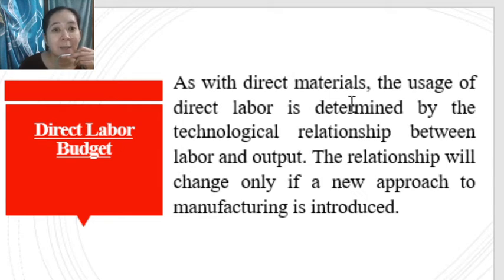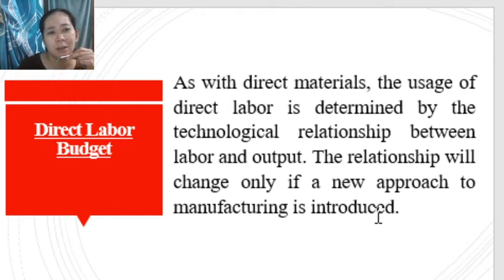As with direct materials, the usage of direct labor is also determined by the technological relationship between the labor and output. Meaning, as mentioned earlier, if this is the number of output that you require, each unit of production normally has a requirement in terms of labor. The relationship will change only if a new approach to manufacturing is introduced, like using machinery.